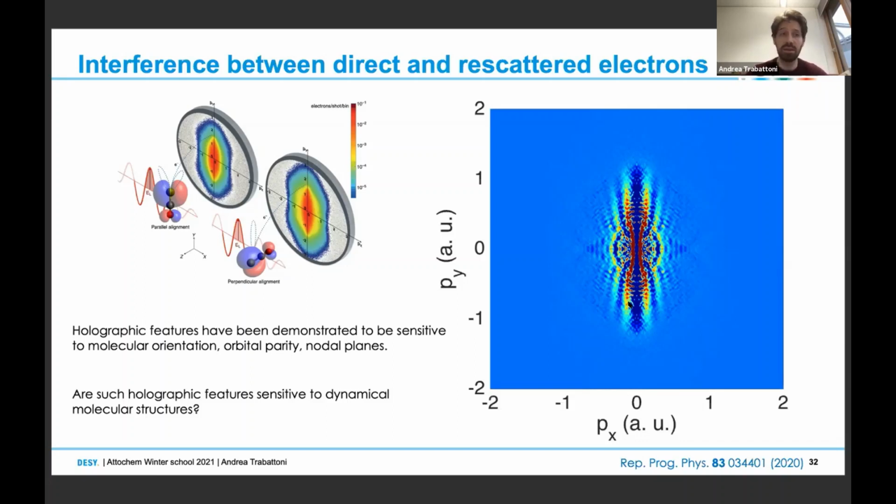But some recent experiments and computations are demonstrating that maybe this is not the case. Maybe we can really exploit these holographic features in a quite intriguing way to access information about the target. I don't have time to explain anything about it, but I really encourage the audience to look at this really nice and recent review about photoelectron holography.